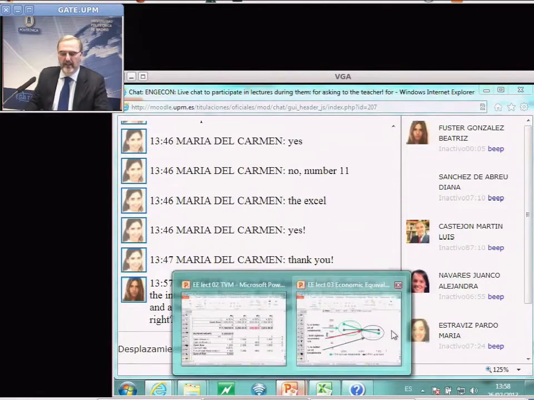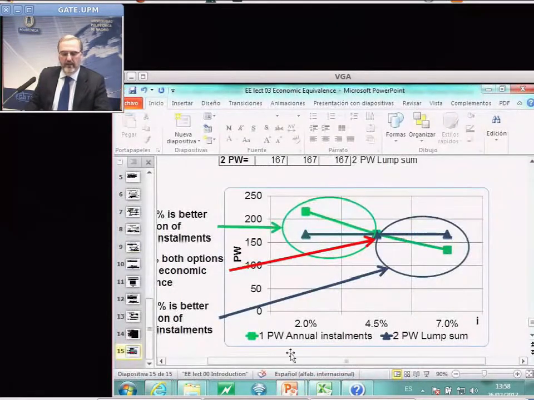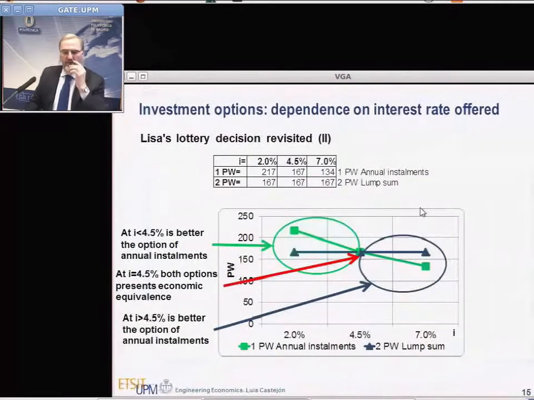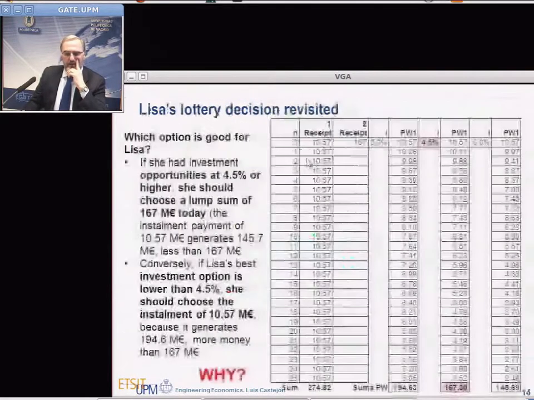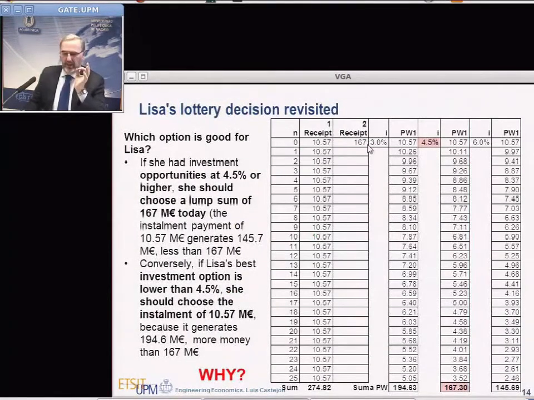Okay, let me explain the logical foundation of this one. Think in your pockets. First thing, I'm offering you to receive today 167 million.